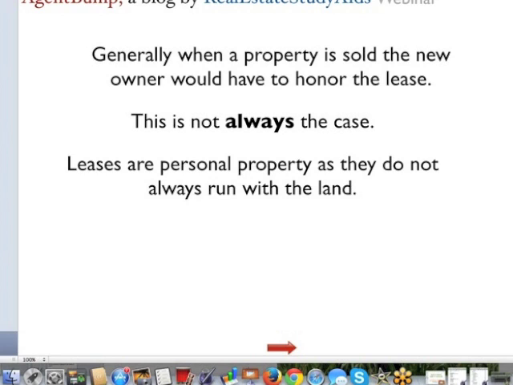Meaning a lease is a contract with that person, so when that person is taken out of the equation, that lease is not necessarily tied to the property anymore. Generally the lease goes through because the tenants want to live there and the new owner wants the income, and so people just let it carry through. But that is not always the case.